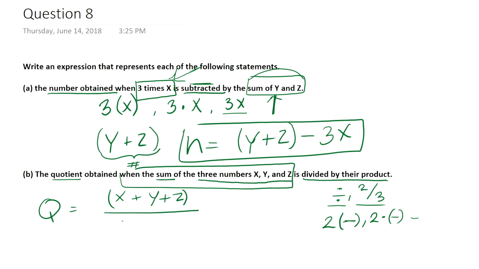So divided by x times y times z. And you can put a little dot in here to emphasize that it is a multiplication between these three. And that's our final answer for this question.